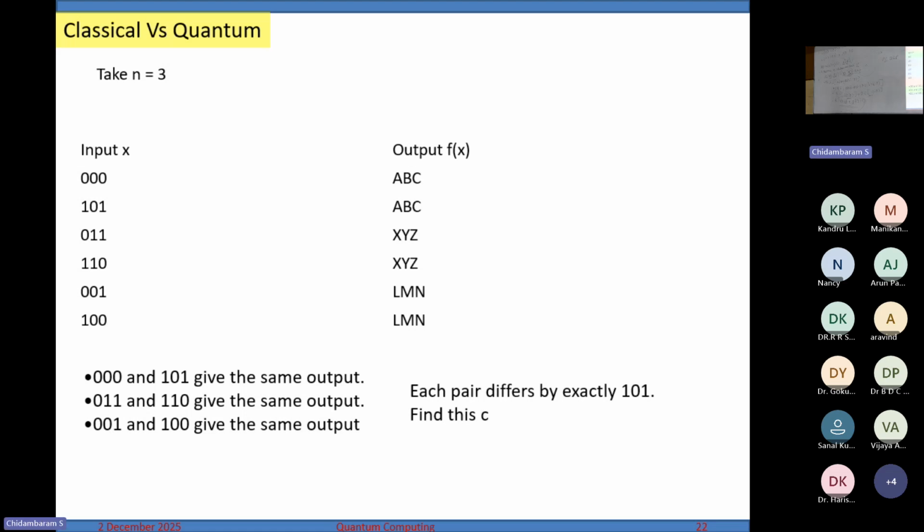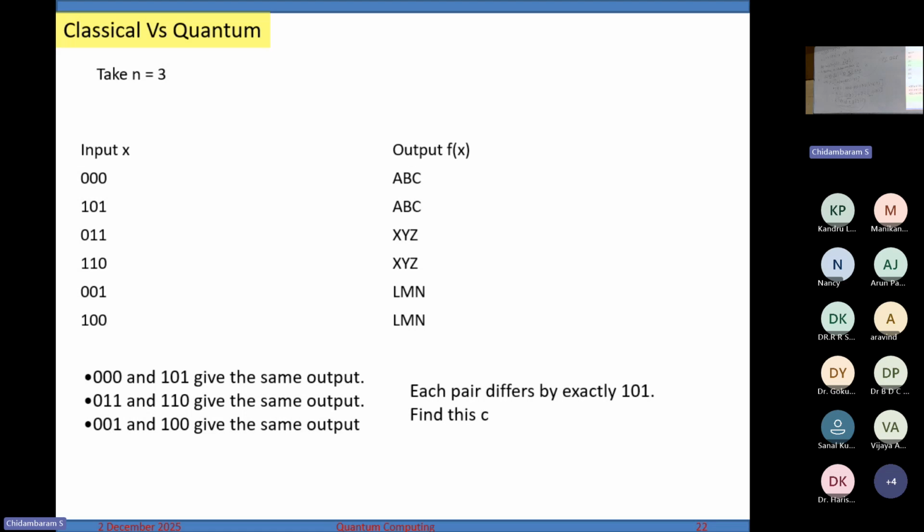You understood the problem? I repeat, you have some input and they are mapped to some output. How they are mapped, let us not worry. That mapping of F, we need not worry about this F. We are not interested in what that F is. What we are interested in is that when you give some input and there is an output, certain bits are mapped to the same output.